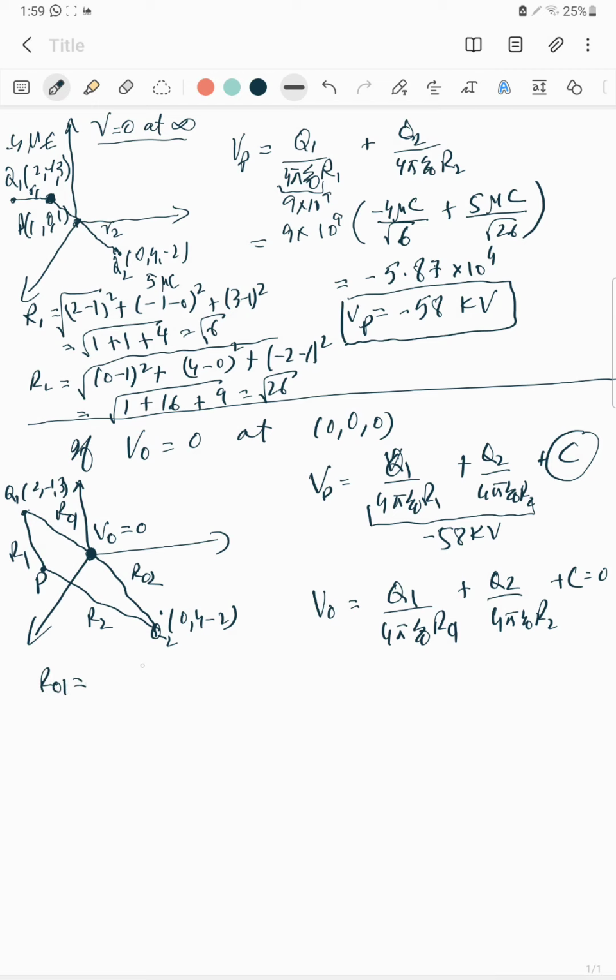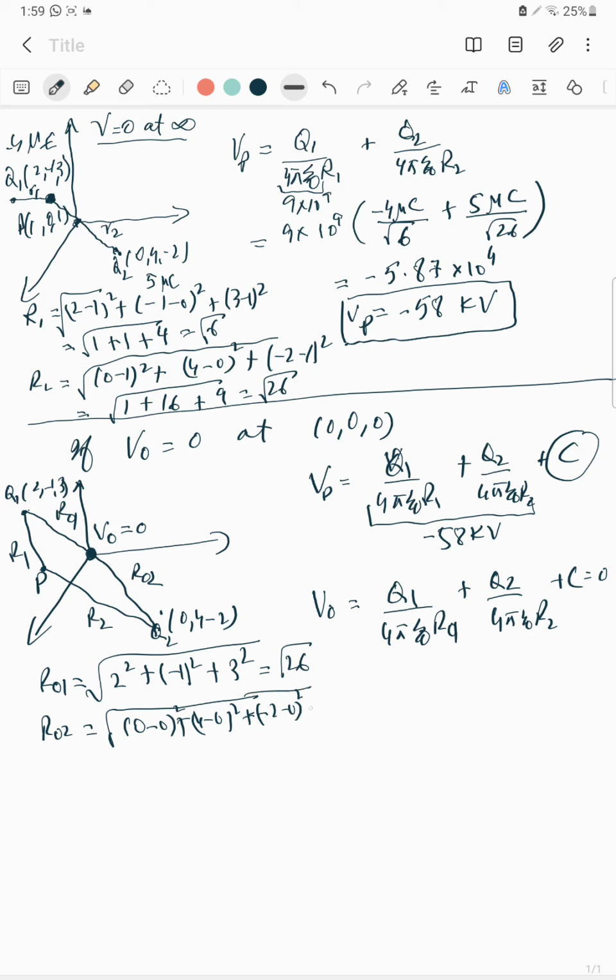So I calculate R01. That will be the square root of 2 squared plus (-1) squared plus 3 squared, that will be 4 plus 1 plus 9, so square root of 14. And R02 will be equal to the square root of (0 minus 0) squared plus (4 minus 0) squared plus (-2 minus 0) squared, that will be 16 plus 4, so square root of 20.